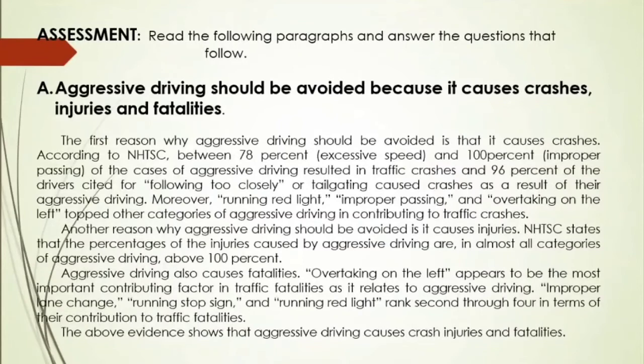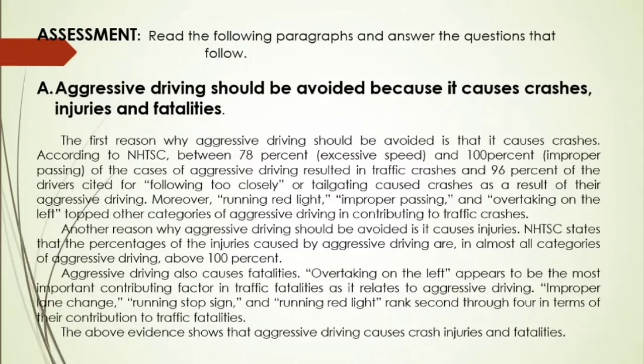And now for your assessment, we're going to read the following paragraph and answer the questions that follow. For letter A, aggressive driving should be avoided because it causes crashes, injuries, and fatalities. The first reason why aggressive driving should be avoided is that it causes crashes.